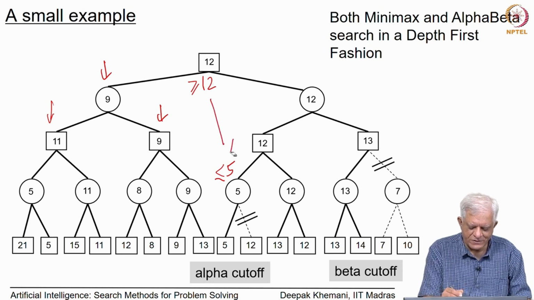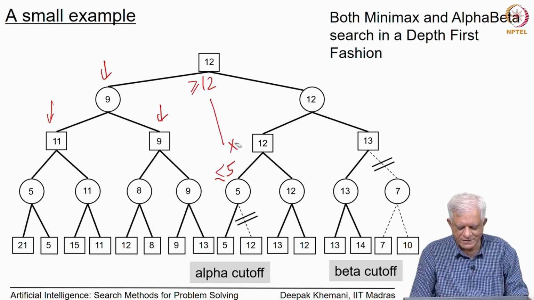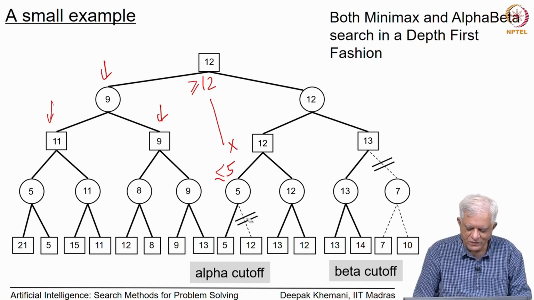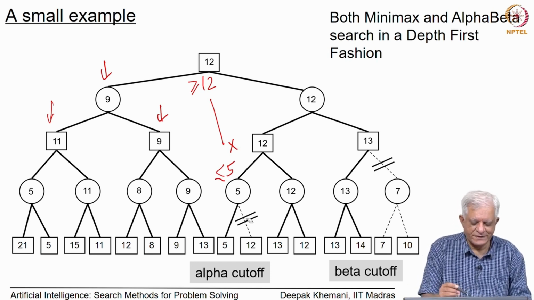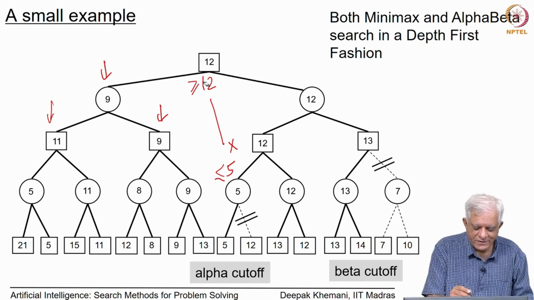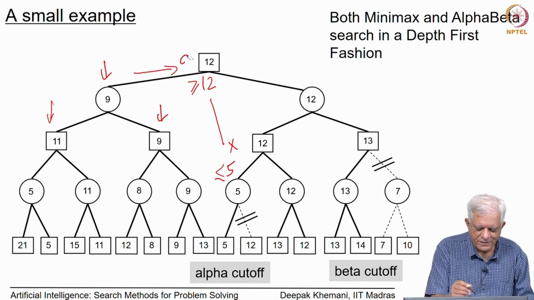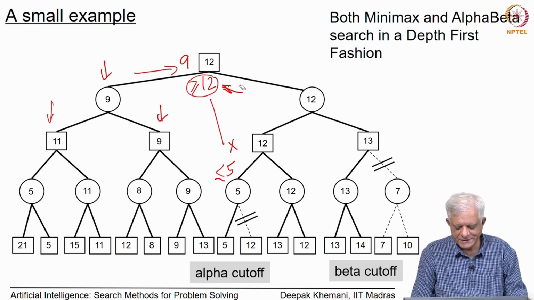So, it simply says stop exploring any further, and this cutoff occurs below the beta node. Yeah, thank you. It should not be 12, it should be 9, because 9 is the value that is coming from here. This 12 value is actually only coming from this side, but that has not yet been done.